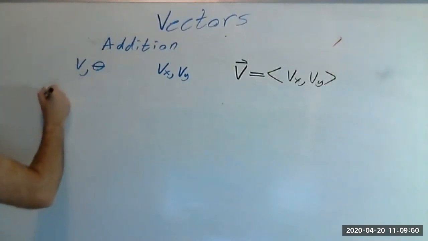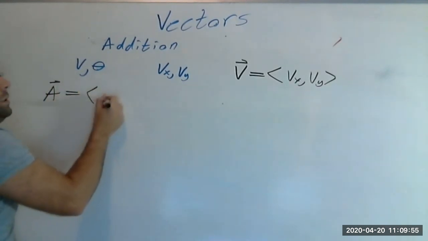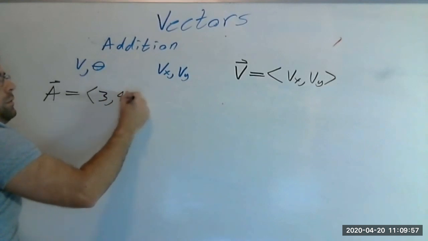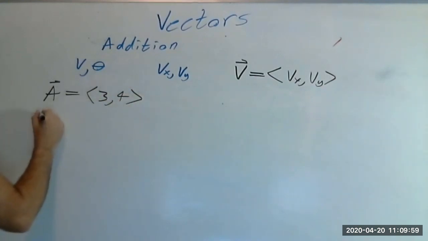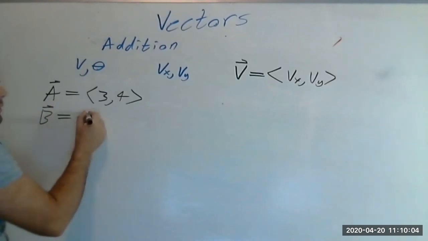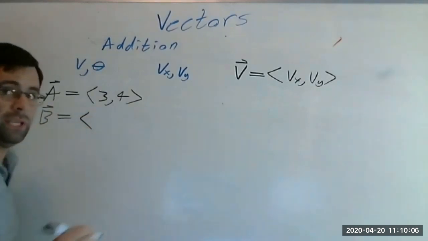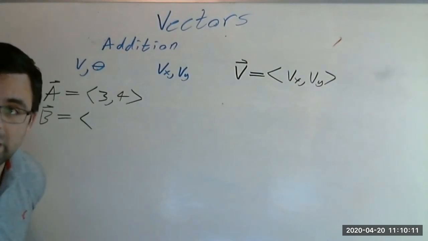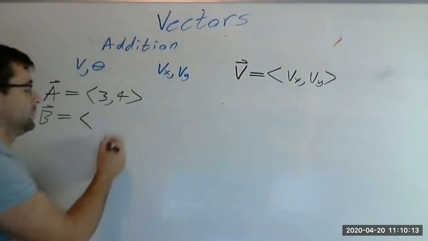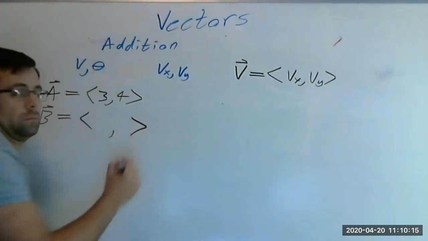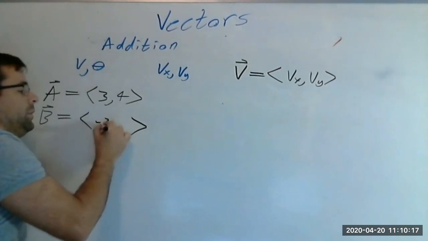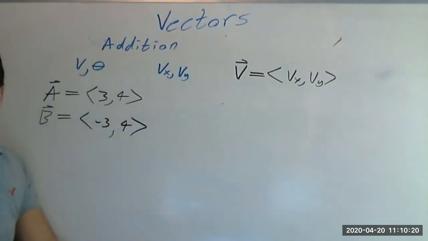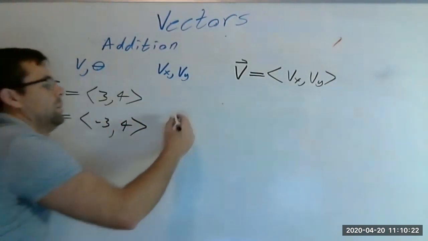Let's say vector A equals 3, 4. Vector B equals, give me two numbers between -5 and 5. -3 and 4. Okay.